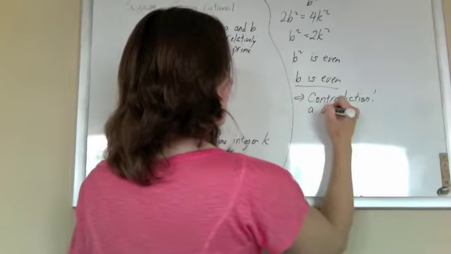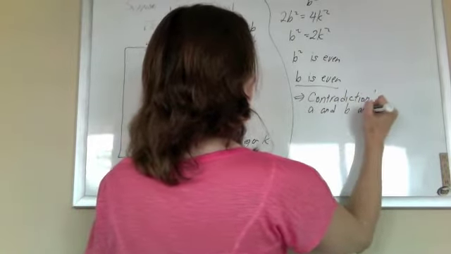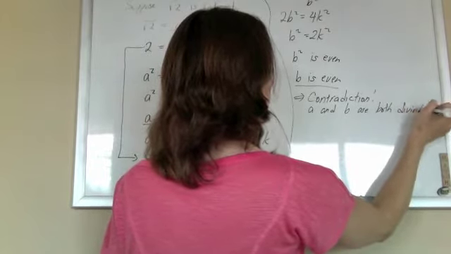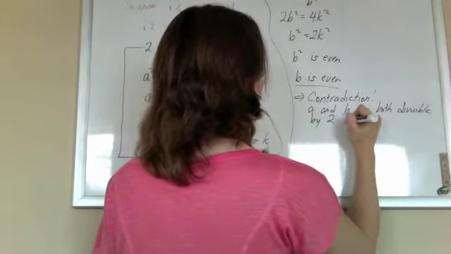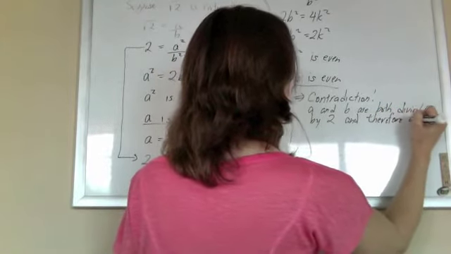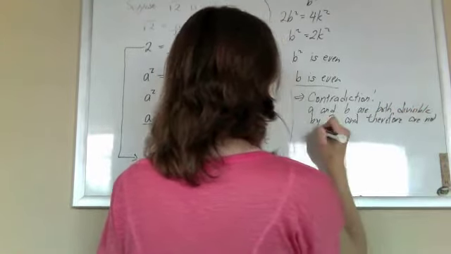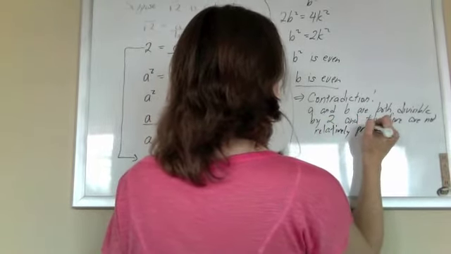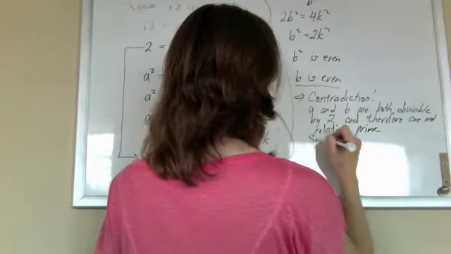So a and b are both divisible by 2, and therefore are not relatively prime. So our assumption must be false.